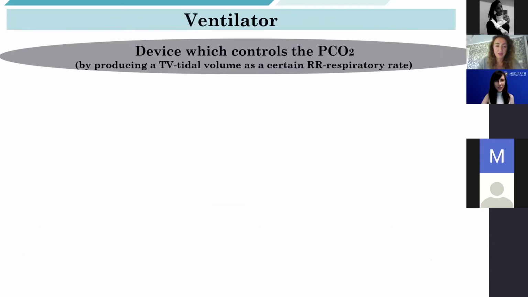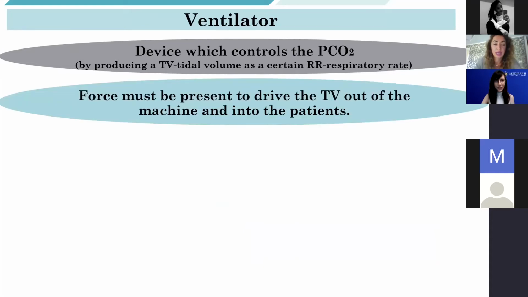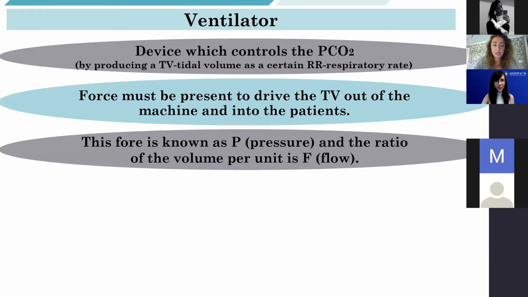Next slide, please, Michelle. So, ventilator. That is the device which controls the PCO2 by producing a tidal volume at a certain respiratory rate. There must be some force to drive the tidal volume out of the machine and into the patient. This force is known as pressure, and the volume per unit of time is known as flow.